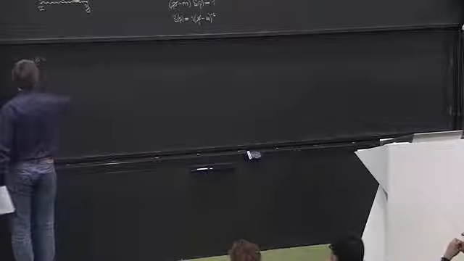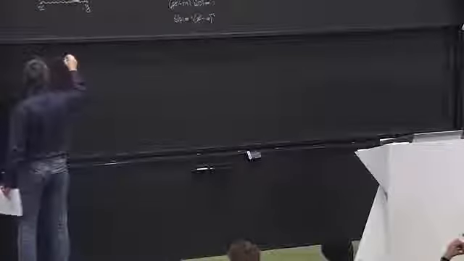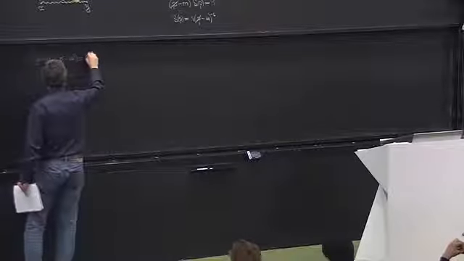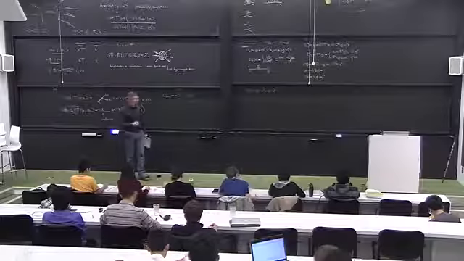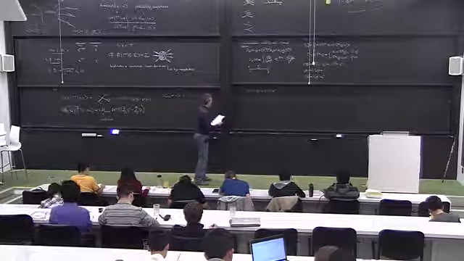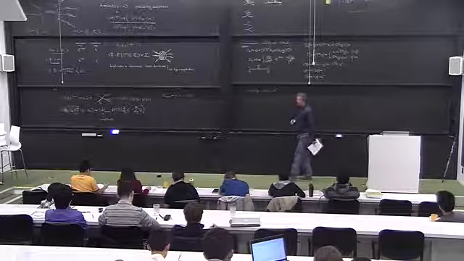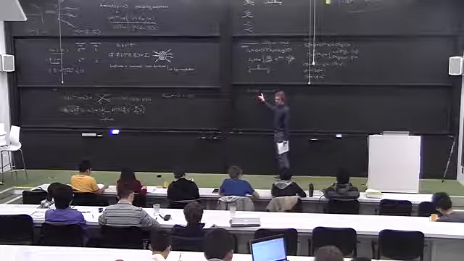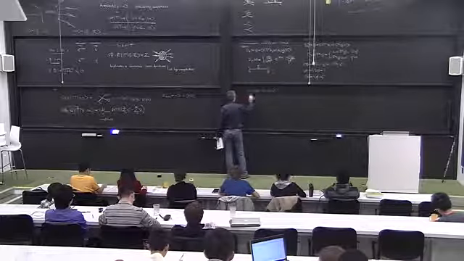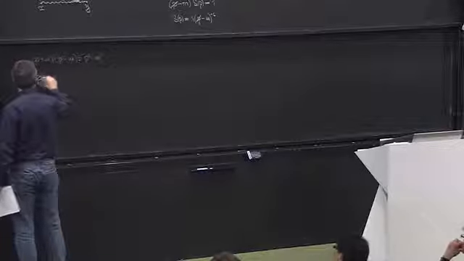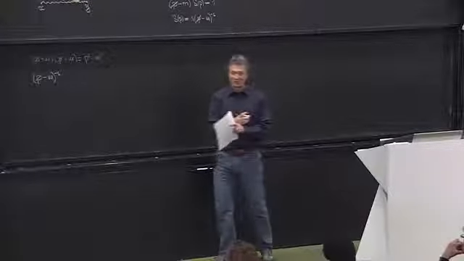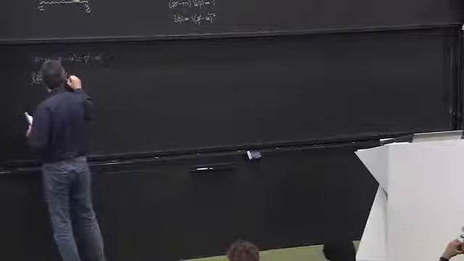Namely, we know that p-slash plus m times p-slash minus m gives the Klein-Gordon expression p squared minus m squared times the unit matrix. So we can then take the inverse of this equation. This is a product of two matrices. The inverse of a product of two matrices is the product of inverses taken in the opposite order.